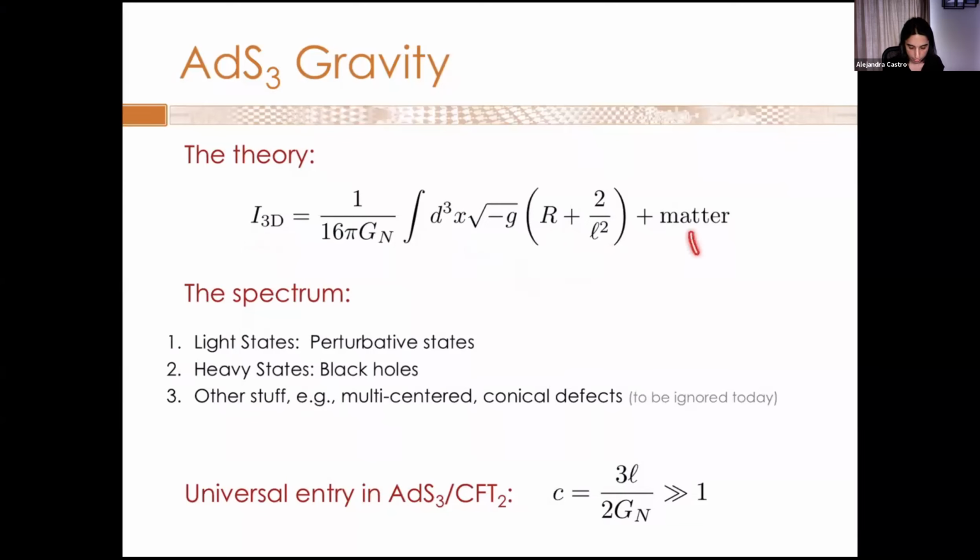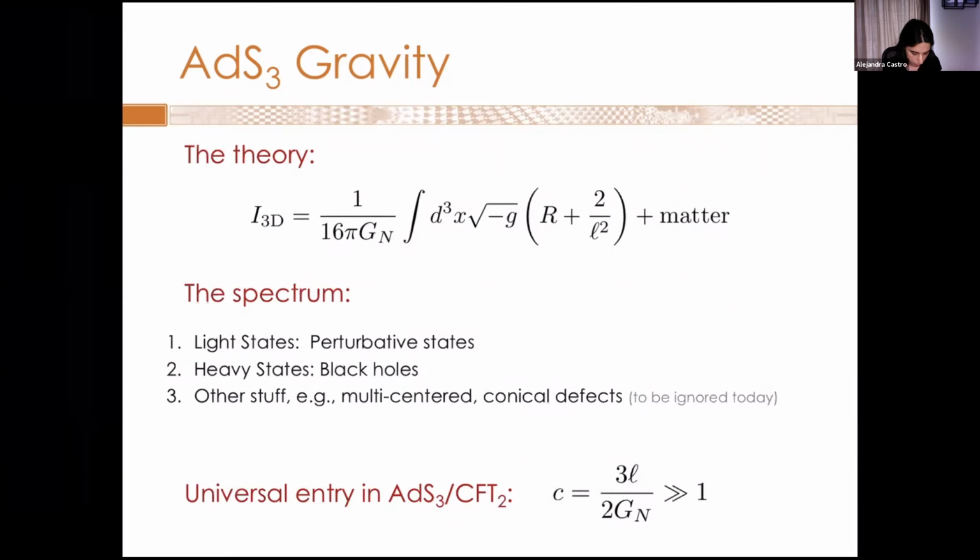And there will be some matter, which you can usually think of as some fermions and some scalars and some gauge fields, whatever massless sector you want. This is the low energy effective description from the point of view of the gravitational theory. For the purposes of this talk, because I will be using supersymmetry, think of it as some low energy supergravity description.